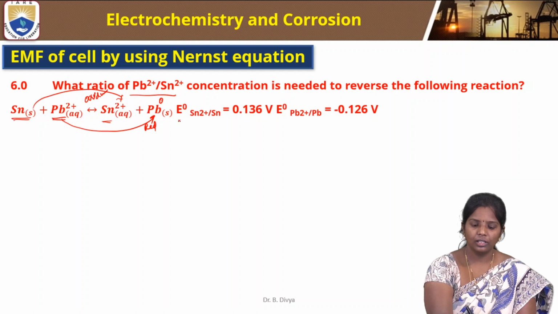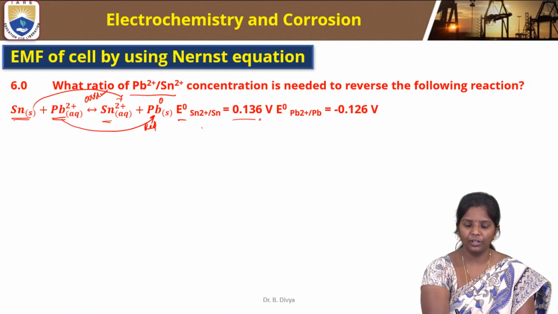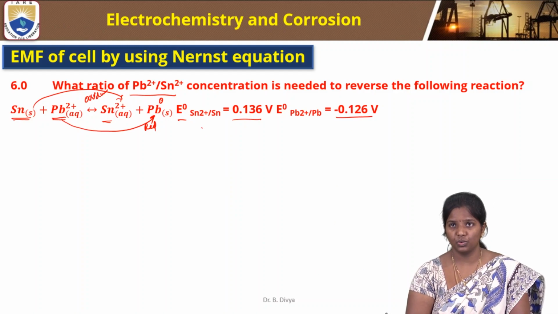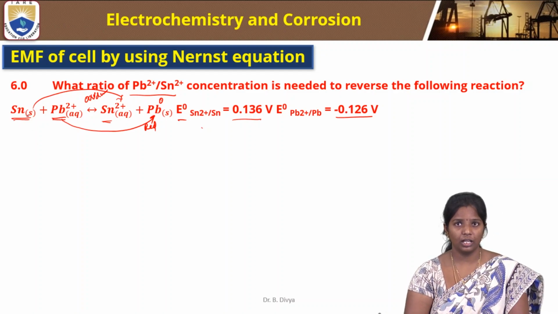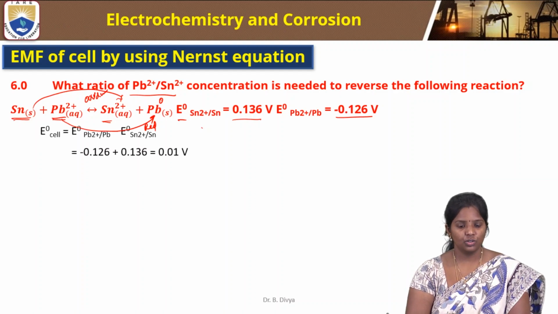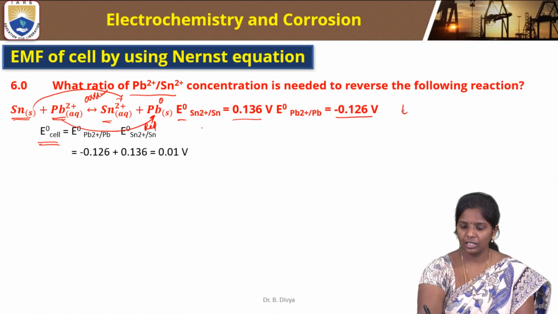Now they have also given the E naught, or reduction potentials. For tin it is minus 0.136 and for lead it is minus 0.126 volt. We have to know what ratio of ions is required so that tin 2 plus will go back to tin and lead will oxidize to lead 2 plus. First of all we have to find the E naught cell, because it is not given in the question.